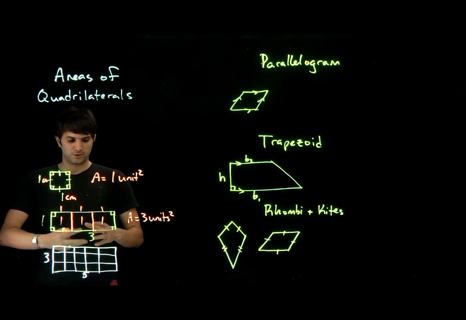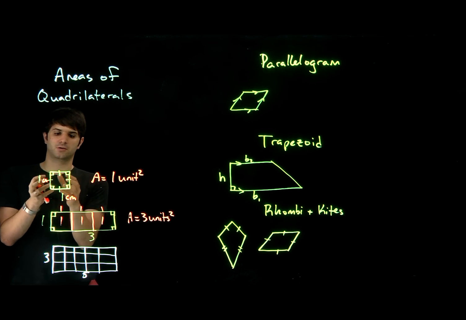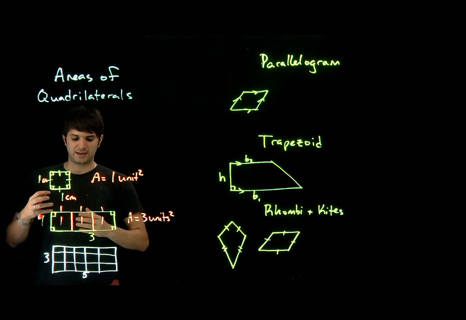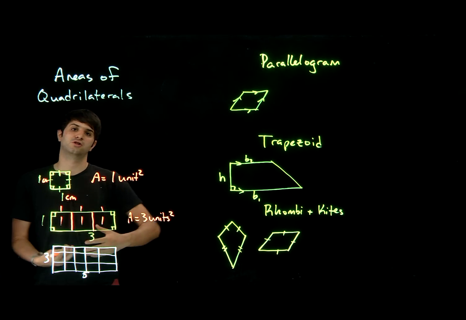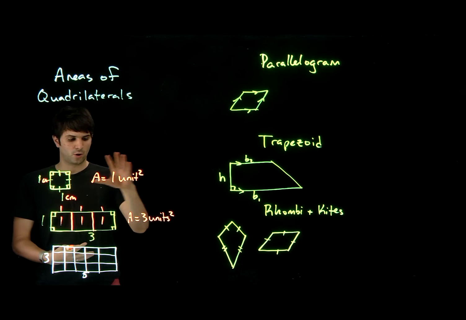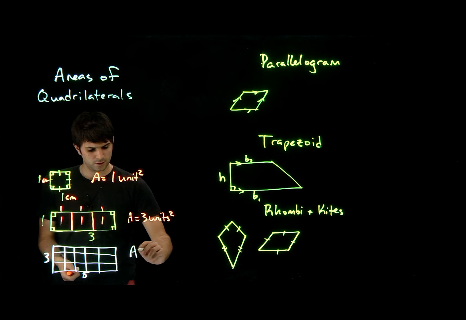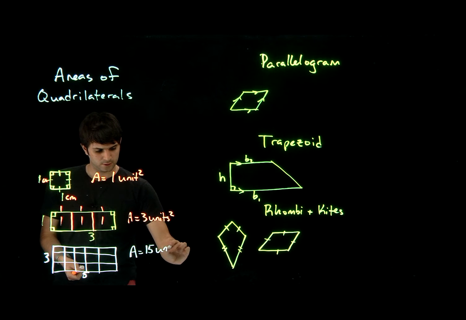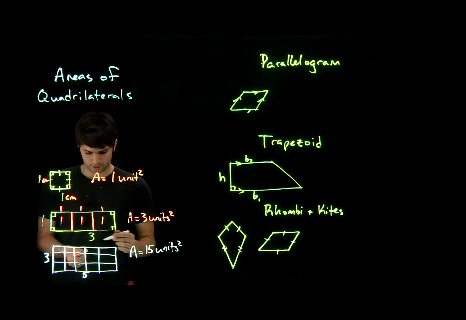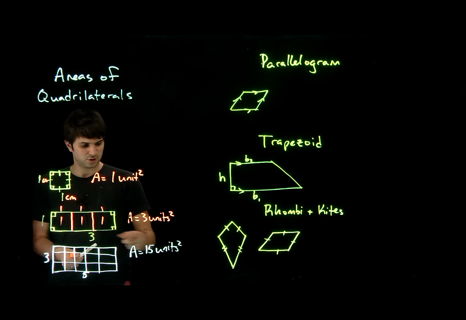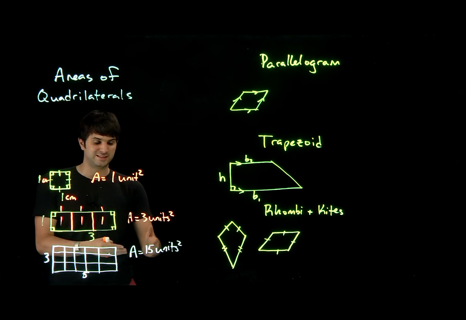So this idea is going to be the very foundation of all rectangles, which will be the foundation of all quadrilaterals. So the area of this then would be 15 units squared. Sometimes when people deal with this squared, they do 3 times 5, which is 15, and then they want to do 15 squared.